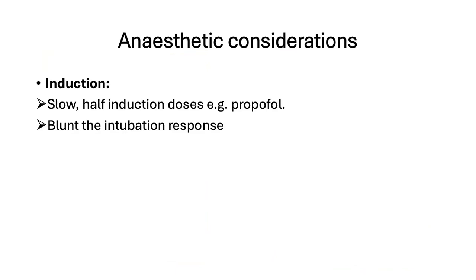So you need to give half the induction dose, that's propofol, and you need to think about blunting the intubation response. However way you do it, you can use alfentanil, remifentanil, or fentanyl. These elderly patients are already hypertensive, and once you perform laryngoscopy, the blood pressure can go right through the roof.